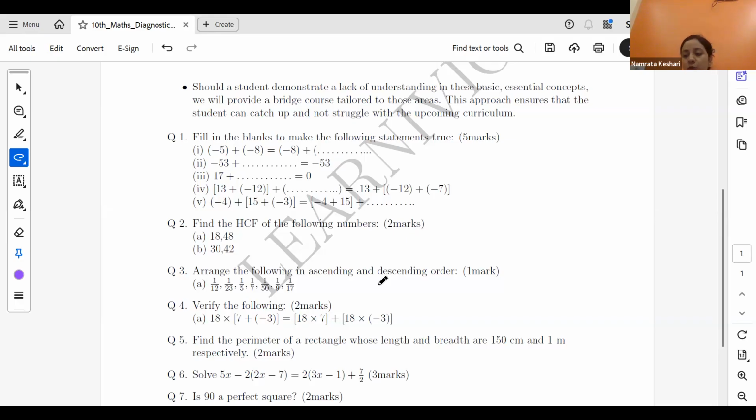Please write it in your notebook. Write 100 by 2, comma, 100 by 50. Tell me which one is bigger, which one is smaller. You can cancel them out because here it is possible.